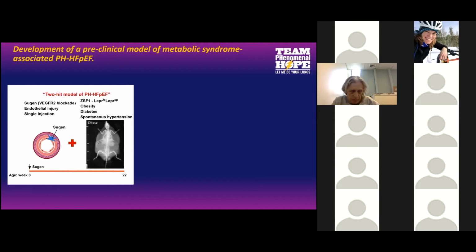It is actually an anti-cancer drug. However, about 3 decades ago, researchers unexpectedly found that this drug can induce endothelial cell injury in the pulmonary arteries.